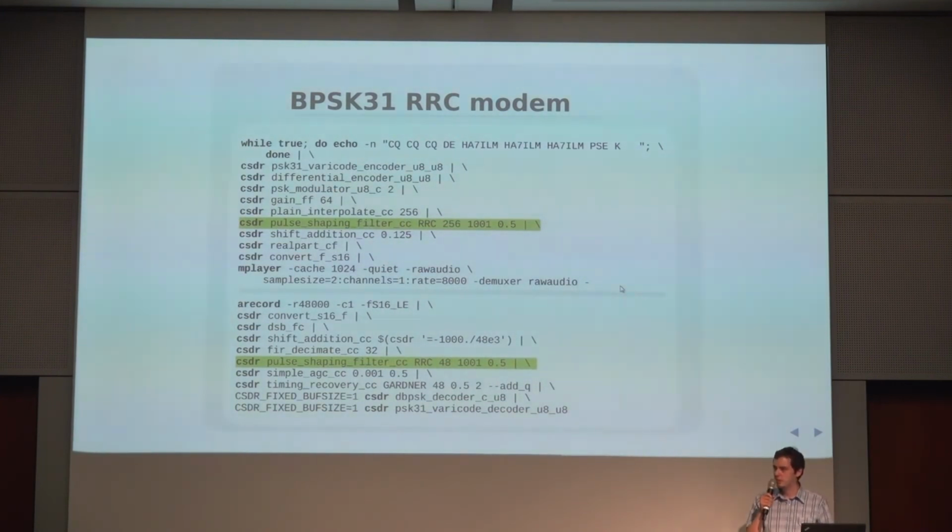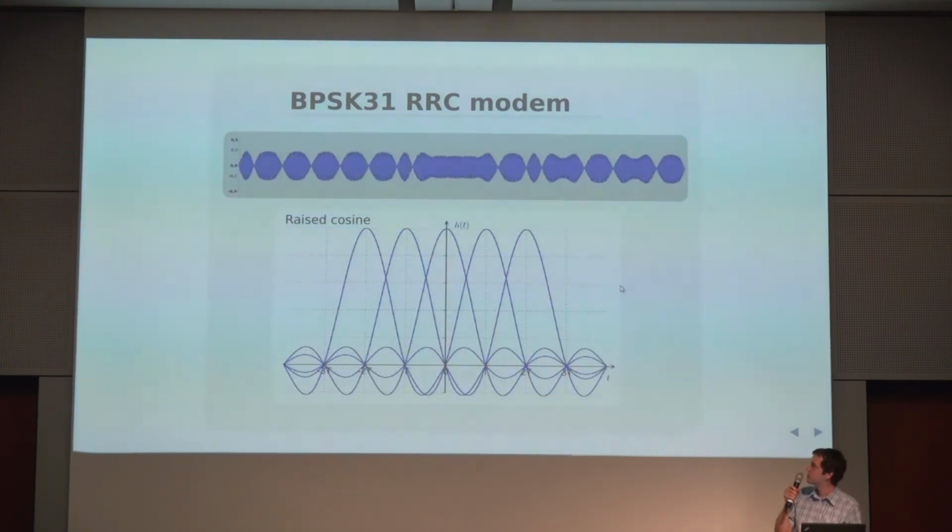So I added a root raised cosine filter at both the receiver and transmitter, and then the shape of the signal or the output looks like this. It's a bit different from the original BPSK31, but it should have better properties in terms of inter-symbol interference. Although the cosine shape has been chosen for the low bandwidth, so okay, but it was just an experiment.